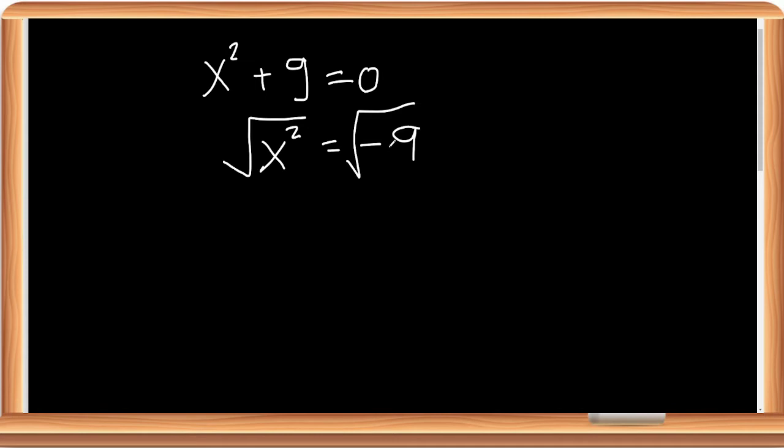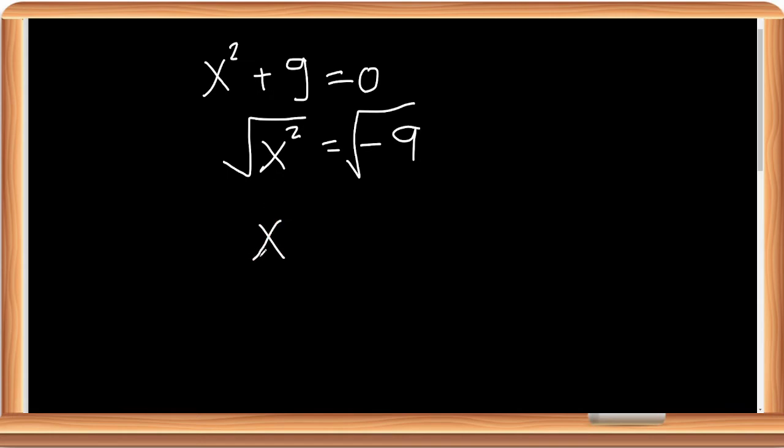Kung ano yung dinivide mo dito, yun din ang di-divide mo dito. Kung ano yung plus mo dito, yun din ang pa-plus mo dito para equal pa rin. Ganon din sa pag-extract ng square root.